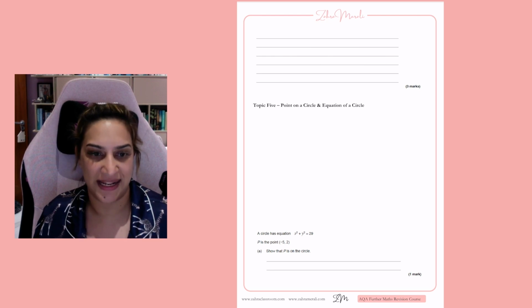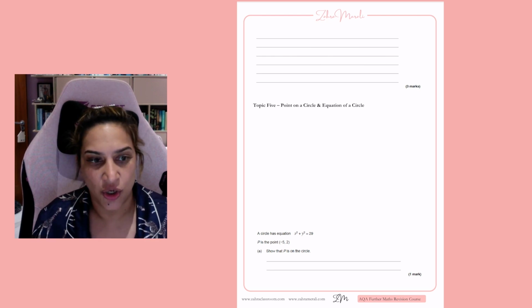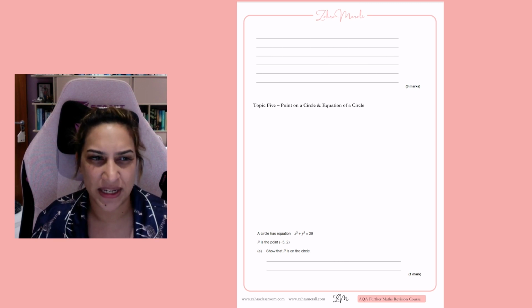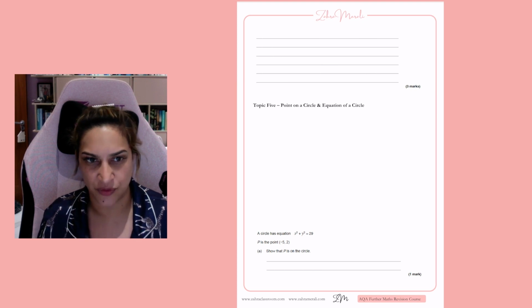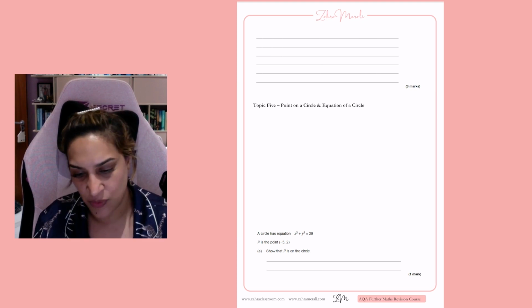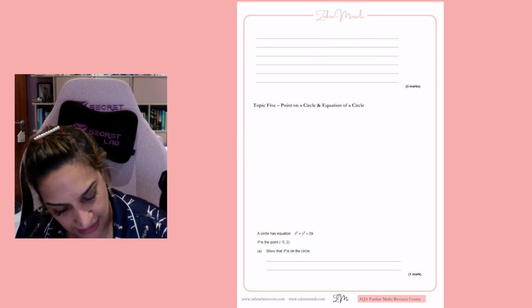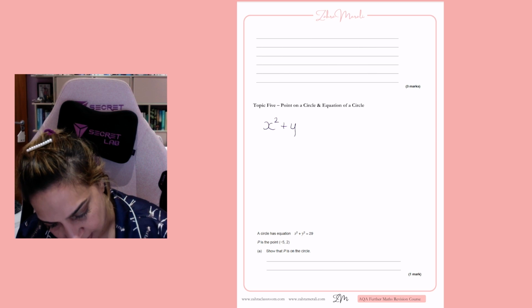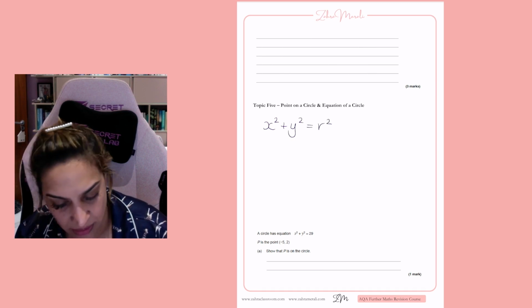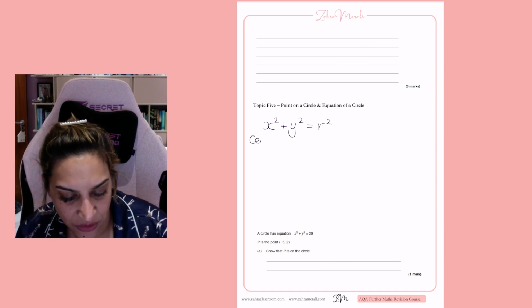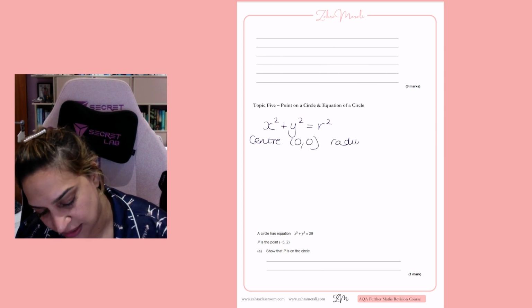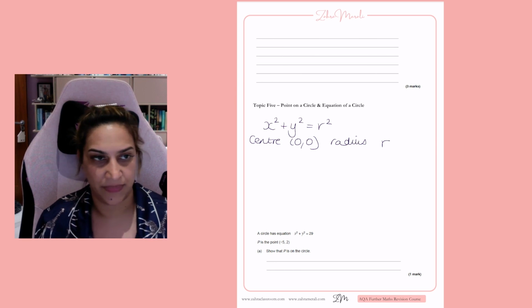Okay, next question. We've got a point on a circle and the equation of a circle. Okay, so what is the general equation for a circle? Your general equation for a circle is x squared plus y squared equals r squared. And that tells you that the center is 0, 0, and the radius is r.